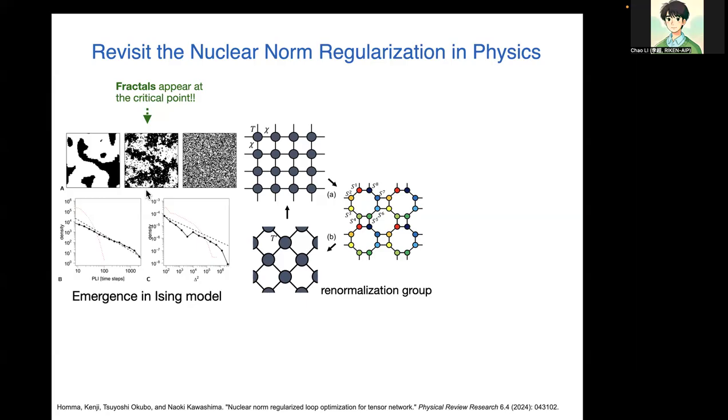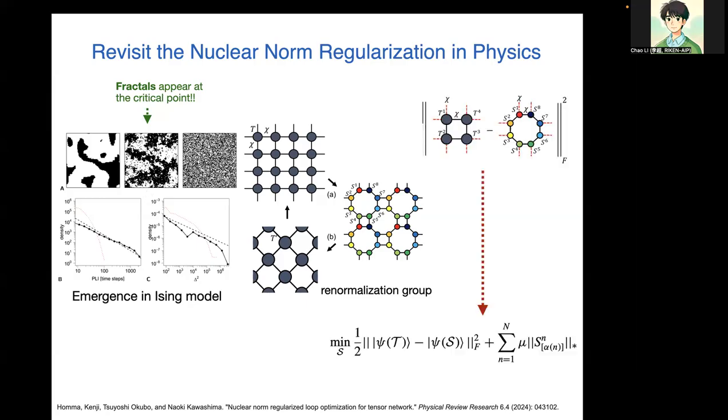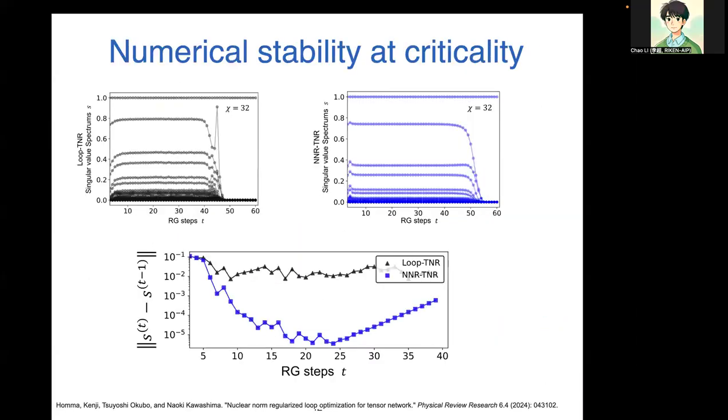Just as in our earlier work, the method also involves finding the optimal tensor ring representation with the regularization applied to the lower order core tensors. Then let's see the numerical results. The left panel shows the singular value spectra from an old algorithm. We can notice the irregular drop-offs and the instability as the renormalization proceeds.